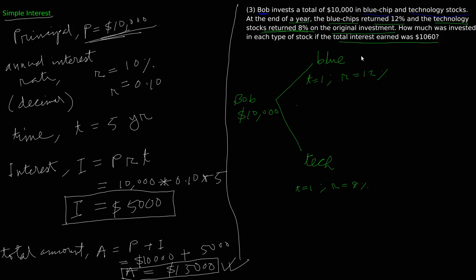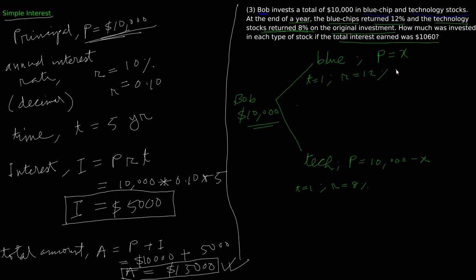We do not know how much he invested in blue chip and how much in tech. So let's say in blue chip he invested X dollars. That means the principal for blue chip is X, and the principal for tech is 10,000 minus X dollars.